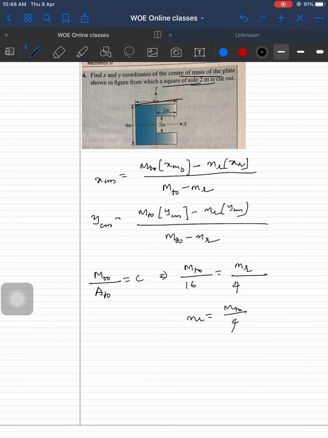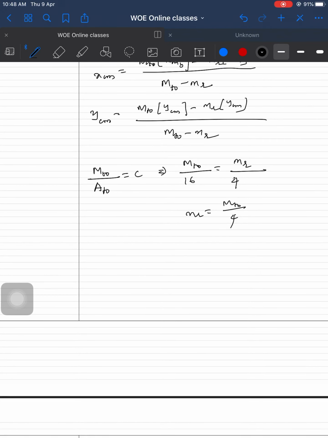Now where is the center of mass? I am drawing the diagram again. See this carefully. This is the square plate. From the square plate, this is the center.